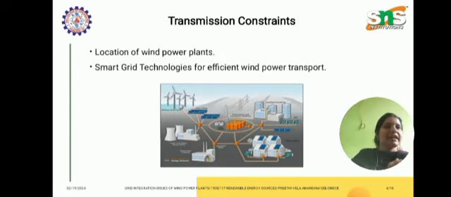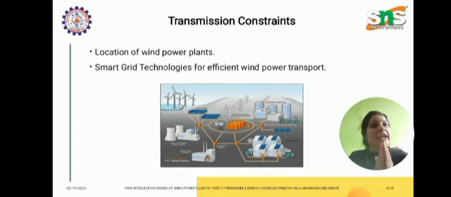Then transmission constraints. We have to focus on the location of the wind power plants and smart grid technologies for efficient wind power transport. And also we have to focus on the main thing, the grid connection requirements.